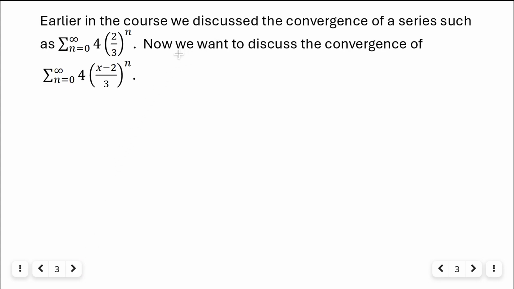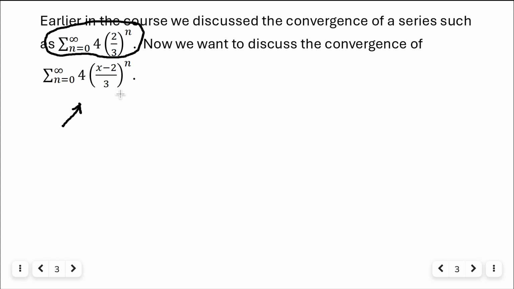Okay, so here's the main idea. Earlier in the course, we wanted to discuss the convergence of a series such as this. So this series we know is a convergent geometric series. r is between -1 and 1. Now we want to discuss the convergence of this series, where x is a variable, meaning that if x changes, every time I put in a new value for x, it gives me a different geometric series.